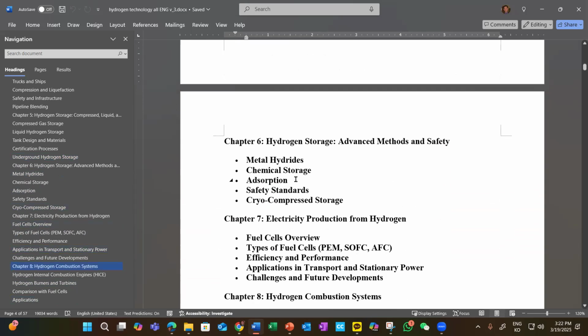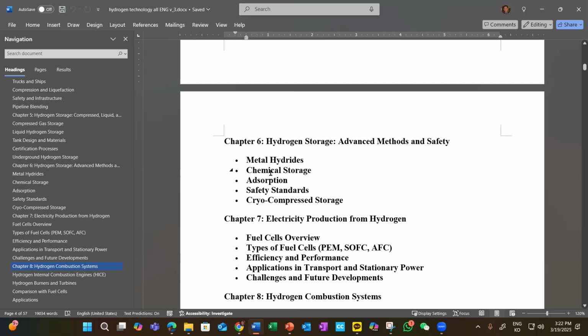We can use metal hydride. This is very safe, and this is ongoing technology, which is the most ideal way of hydrogen storage. Using metal hydride, we don't have to compress the hydrogen gas. We just use a metal or chemical storage.